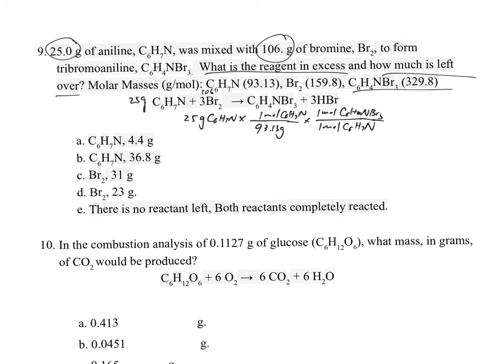So if you want to save one step in your calculation, you can do that in this case. So moles of this cancel, grams cancel, I get moles of that. So 25 divided by 93.13, and the rest of them are all ones, so 0.268 mole of product C6H4NBr3.